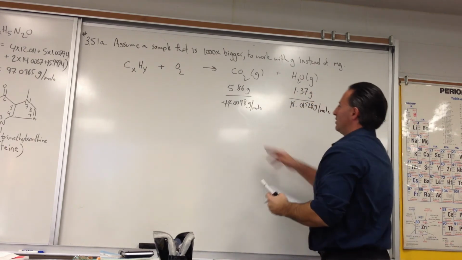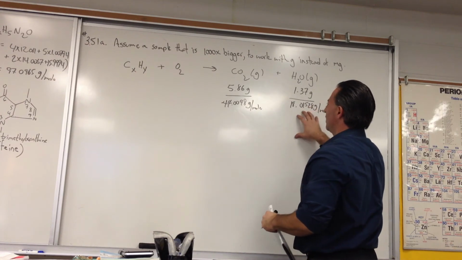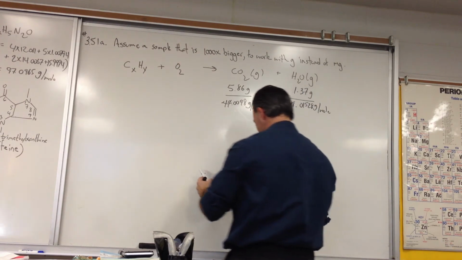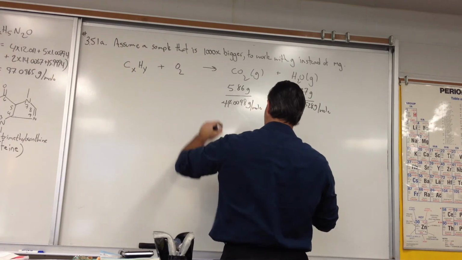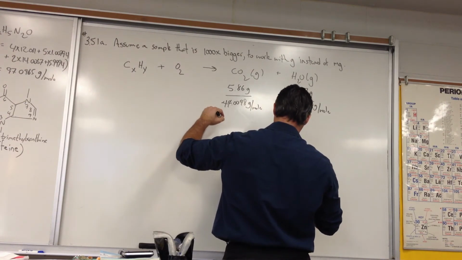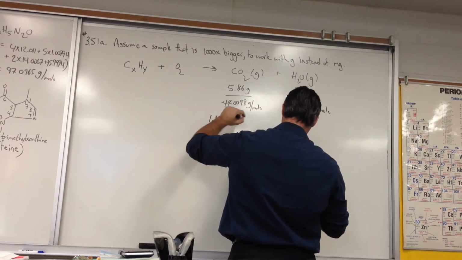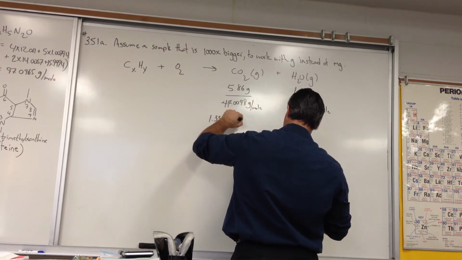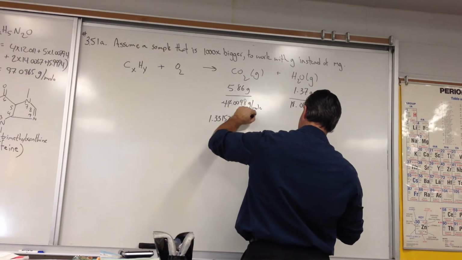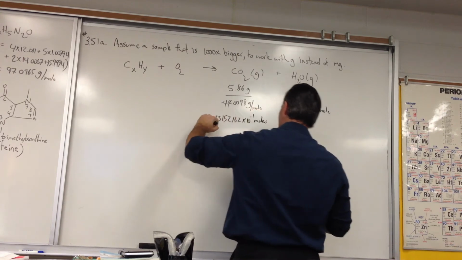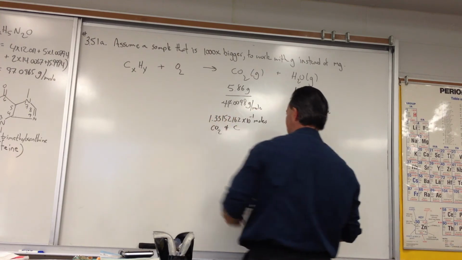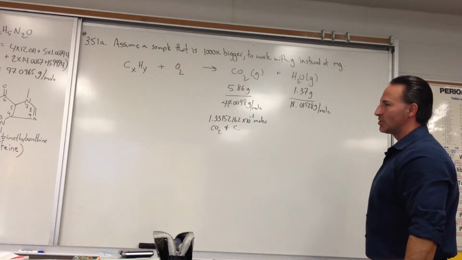Now, this will give you the moles of carbon dioxide produced, and that will give you the moles of water produced. And the numbers are 0.133152. Notice how I keep all the decimal places during my calculation. Moles of CO2 and C. Sometimes students have a problem with that.